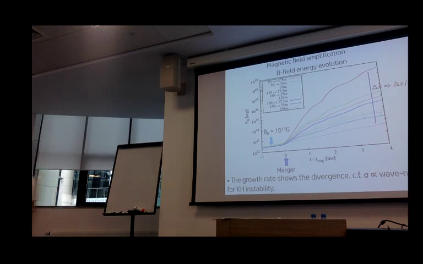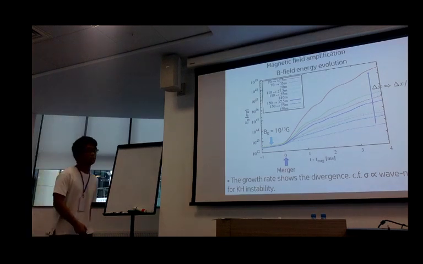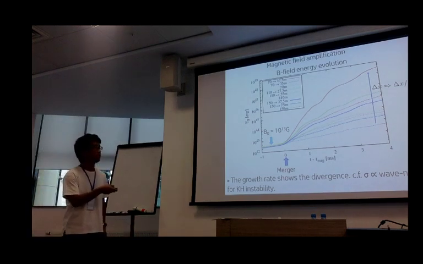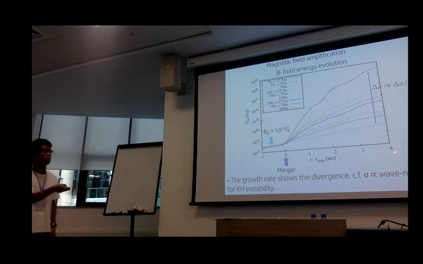And you can see that for the highest resolution case, the energy of the magnetic field is amplified by a factor of 10^6 at least, which means that the average magnetic field strength is amplified by a factor of 10^3 in a very short time scale, within 4 milliseconds or so.